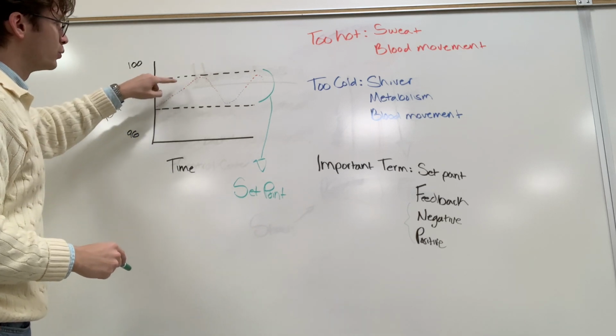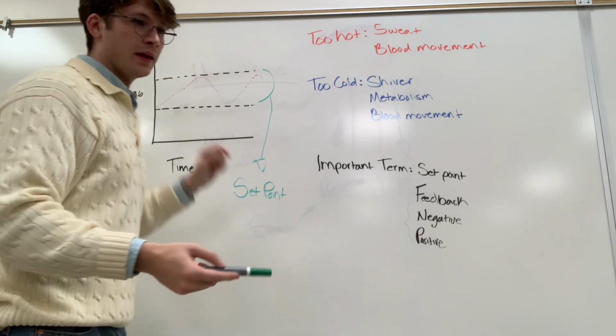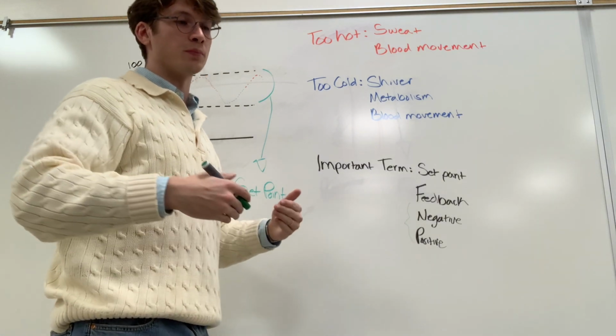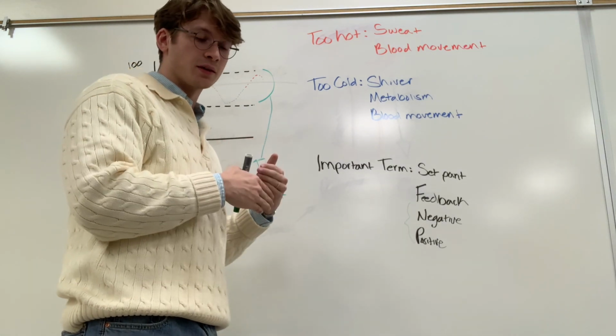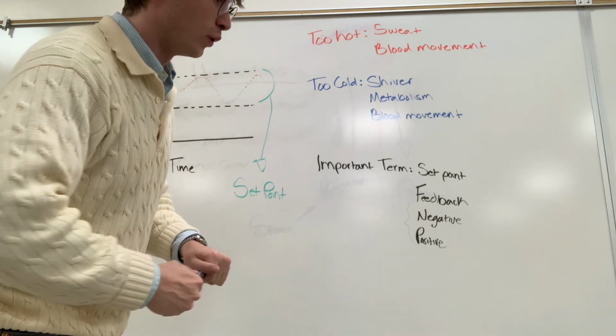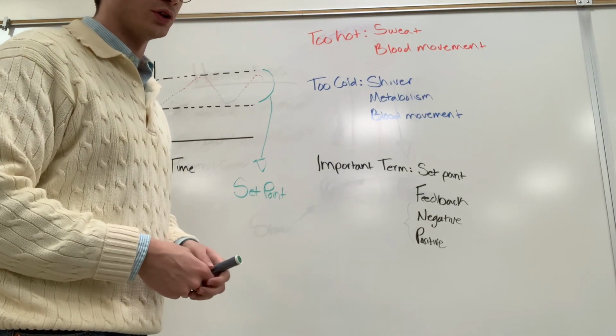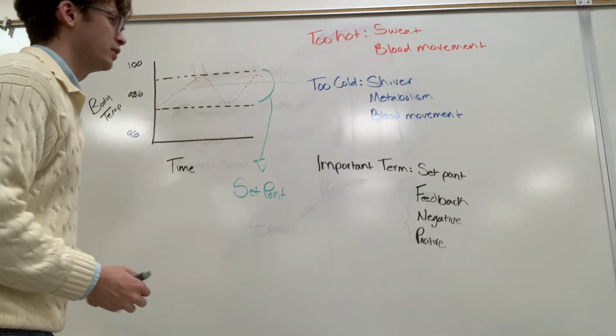And what happens if it gets too hot? So we sweat, and there's also blood movement, so we're going to push blood from the inside more to the outside of the skin, which will try to help us sweat more, burn off some heat.